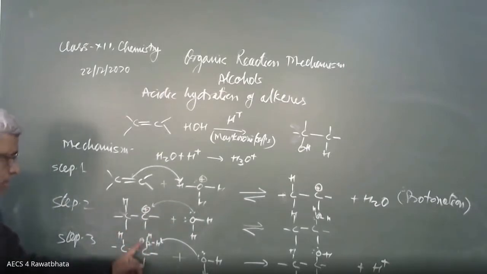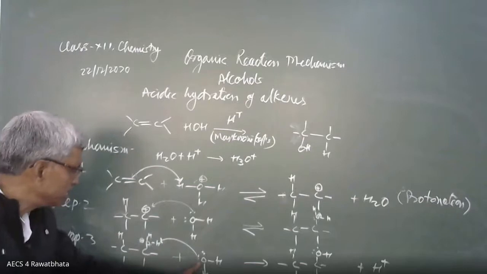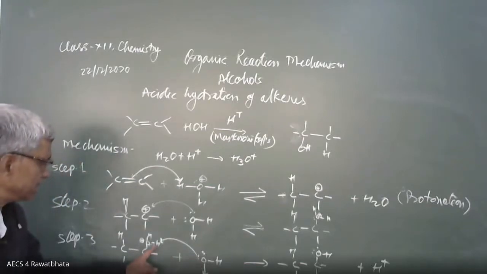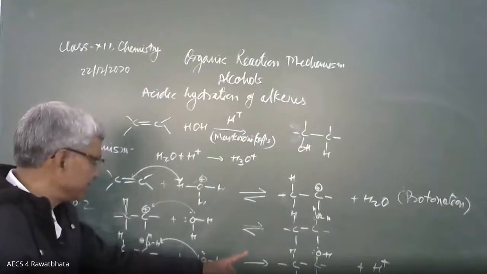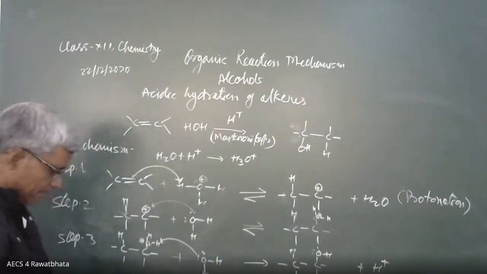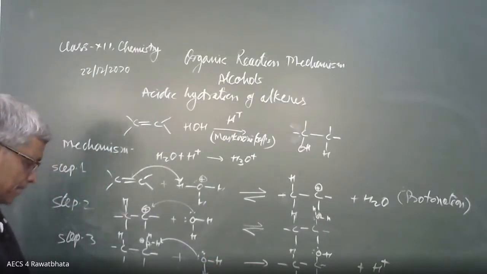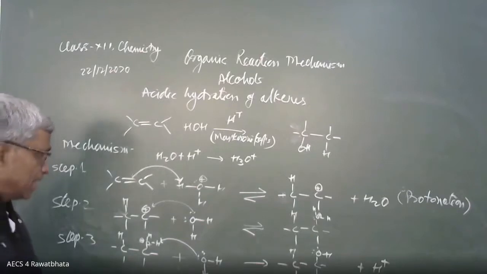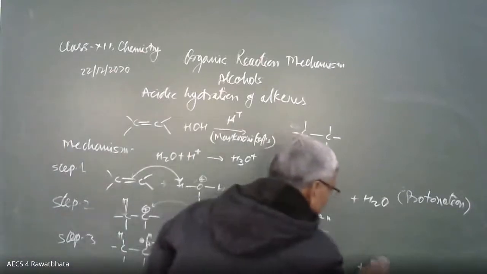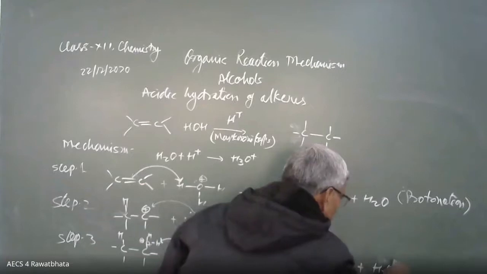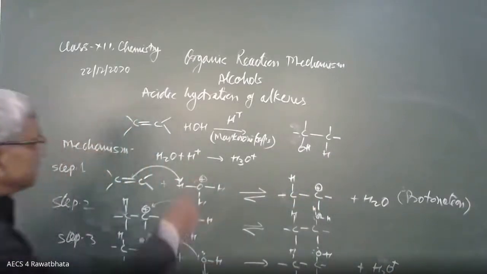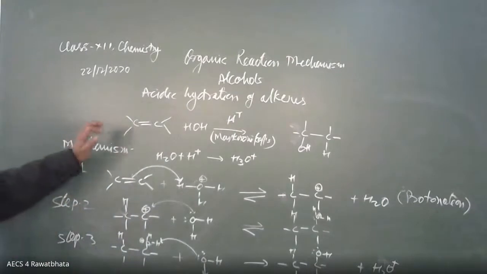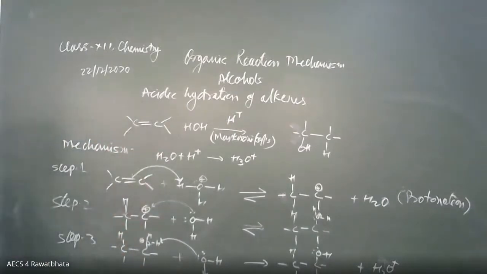Here is the positive charge, then it is again joining H2O, this H2O taken by this H, and here it is going to form OH and H3O positive, because this H is joining to this, it forms H3O. This is the mechanism, acidic hydration of alkene.